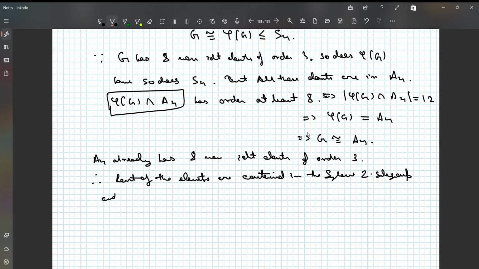Hence only one Sylow 2 subgroup is possible. So if you have a unique Sylow 2 subgroup, it must be normal, whatever you want to say. Got it?